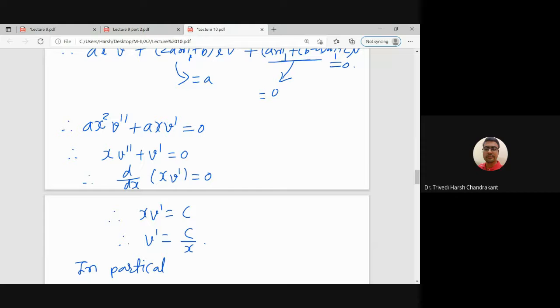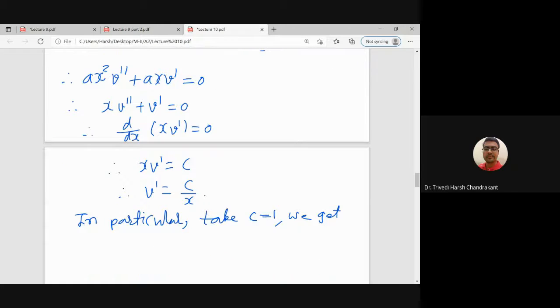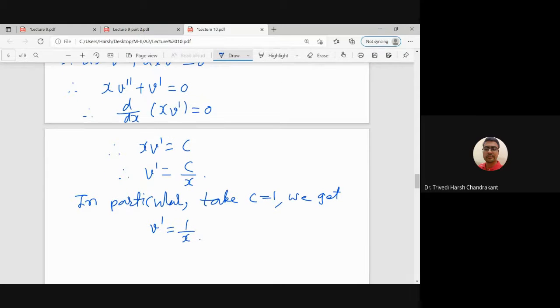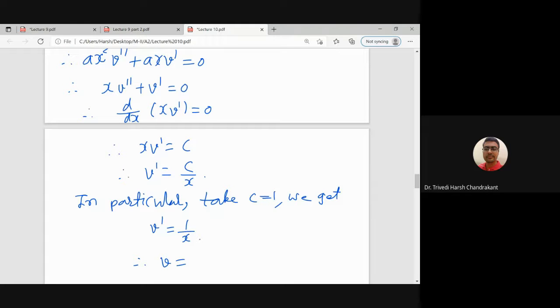In particular, taking the constant equal to 1, we get v dash equal to 1 by x, and then solving this equation we'll get v is equal to log x function.